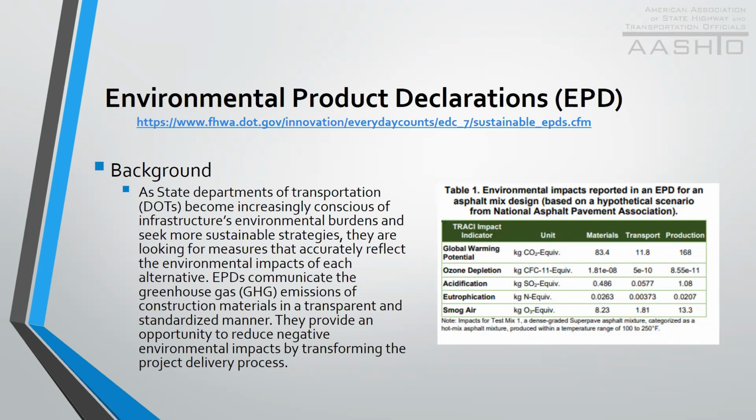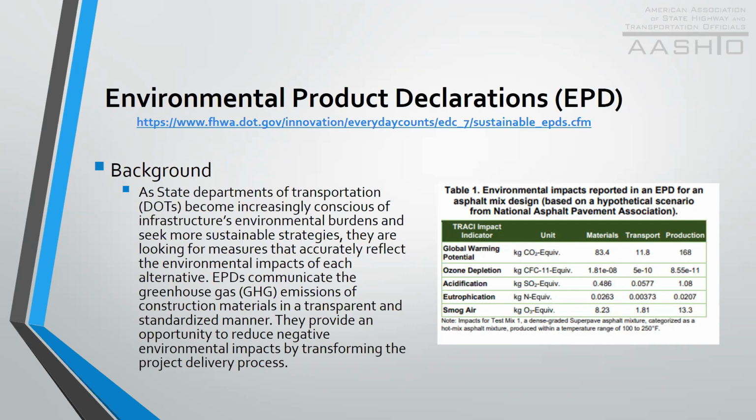Environmental product declarations. For those of you familiar, you'll find a large amount of environmental product declaration information in terms of FHWA guidance and sustainability initiatives on their website. I've included this link. Again, it will be communicated post-session.